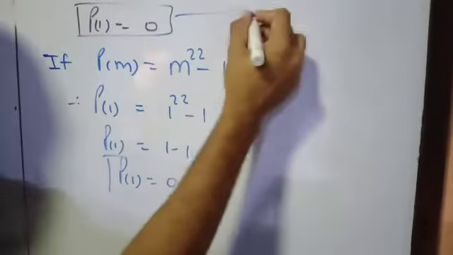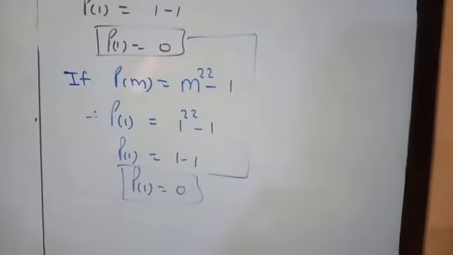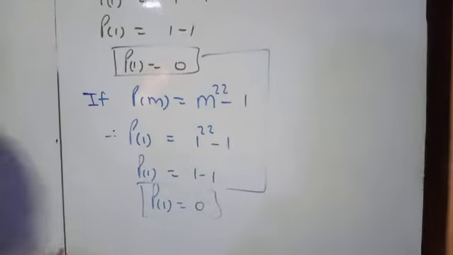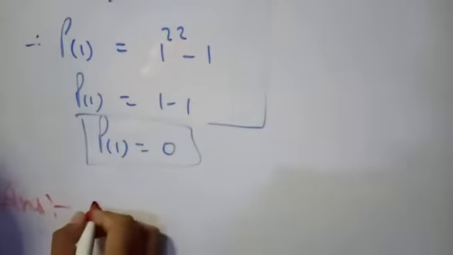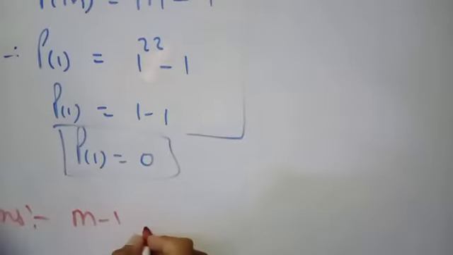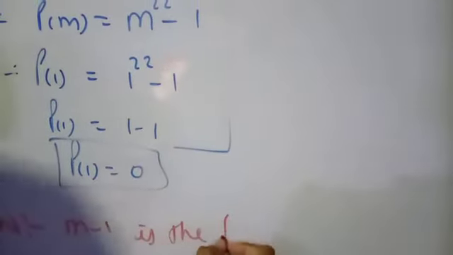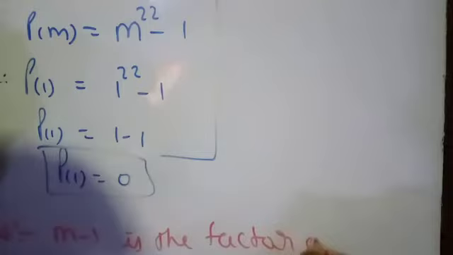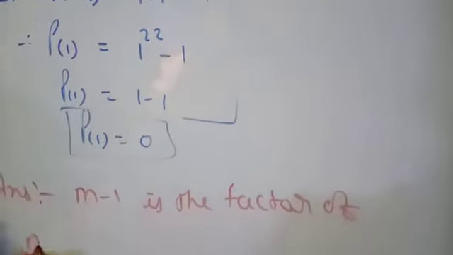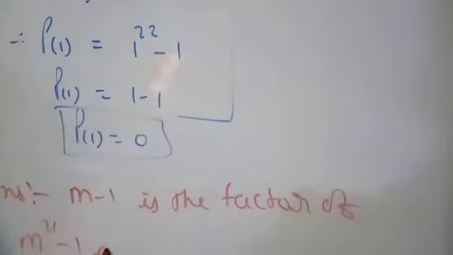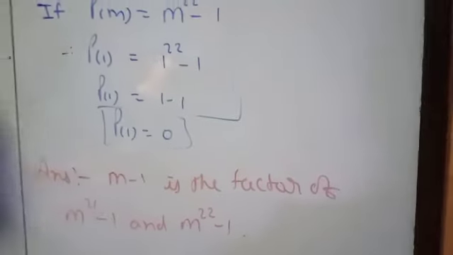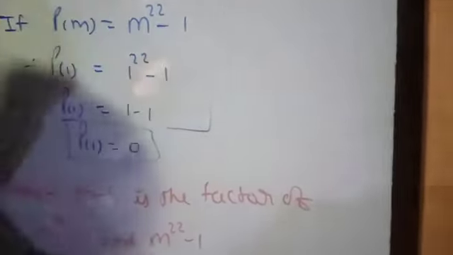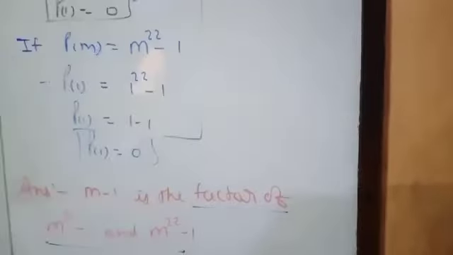In both cases we are getting 0. That means in the answer we have to write that m minus 1 is a factor of m raised to 21 minus 1 and m raised to 22 minus 1. This way we have to consider the answers.